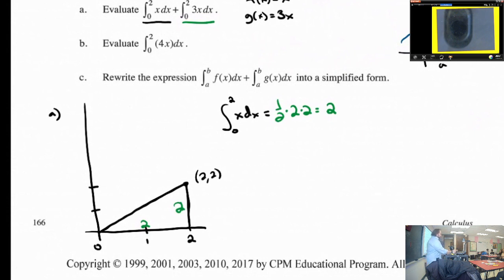The other one is going to be about as easy. First of all, if you're following along so far, you could take this constant of 3 and just kick it out in front and then do the same integral but multiply the answer by 3, but that's not the point of this problem. If I were to plug in 2 into 3x, I would get 6. So the g of x function is going to look something like this triangle here.